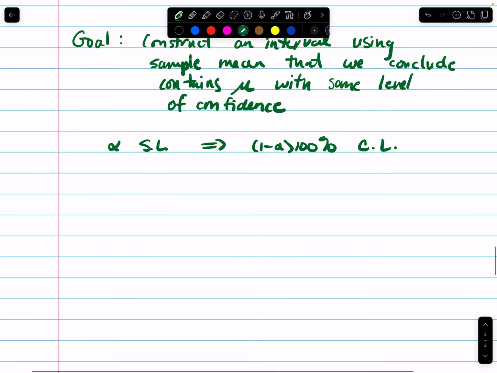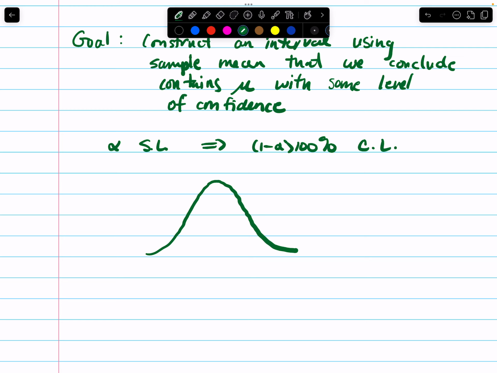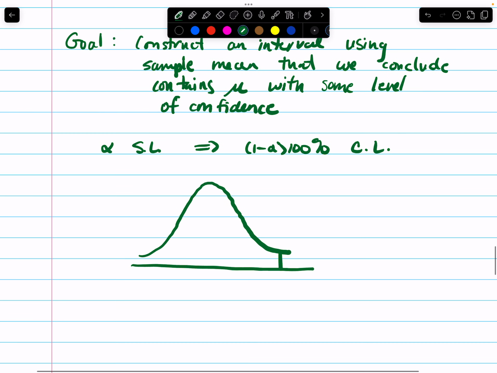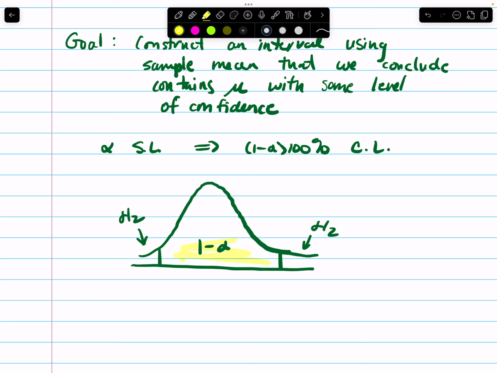Now I'm going to draw a picture here. We're going to use this to figure out why our interval is what it is. So if I take alpha and split it up into 2, so alpha over 2 is over here, and alpha over 2 is over there, that means 1 minus alpha is in the middle. It's the yellow highlighted part.